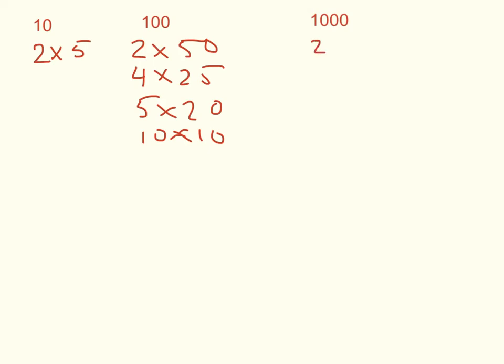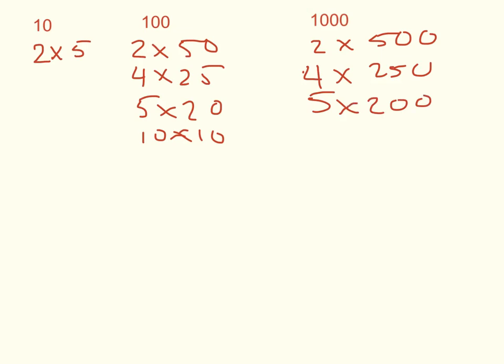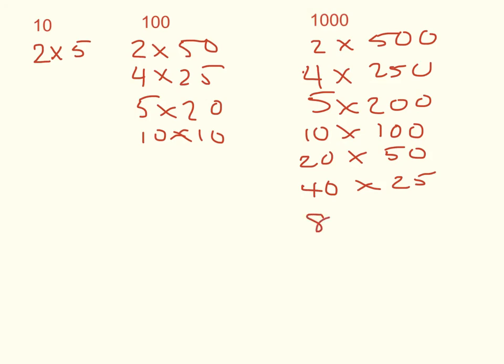So we could do 2 times 500, 4 times 250, 5 times 200, 10 times 100, 20 times 50, 40 times 25, and 8 times 125. That would be all of the pairs, so those are the numbers you would be concerned to see if they're common factors to numerator and denominator.